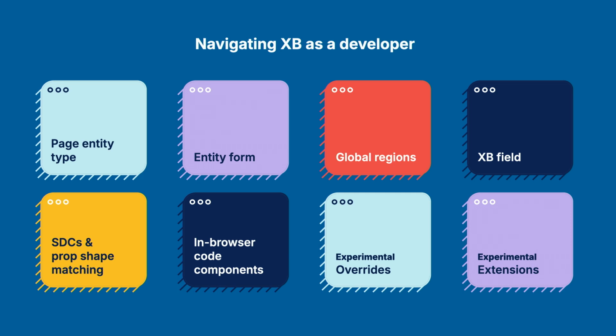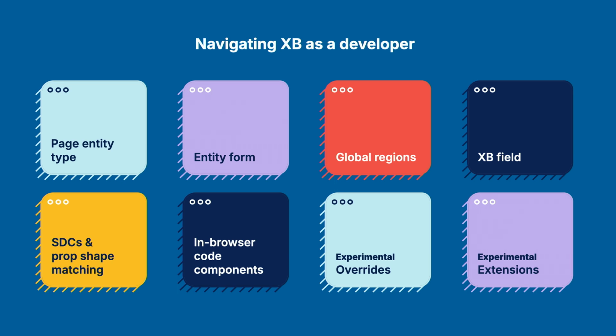So to recap, navigating Experience Builder as a developer today means being aware of the page entity type that Experience Builder ships, being aware that the entity form for that page entity type is rendered by Drupal, but also taken over by React rendering, mapping to React components, that you can enable global regions to be handled by Experience Builder.